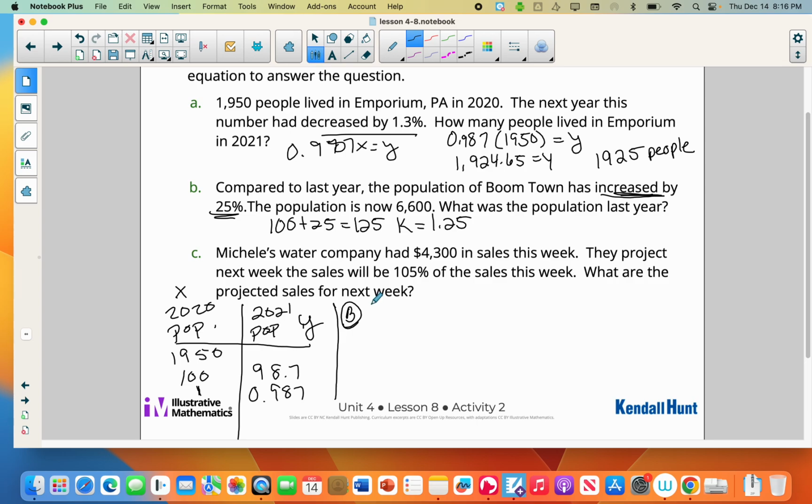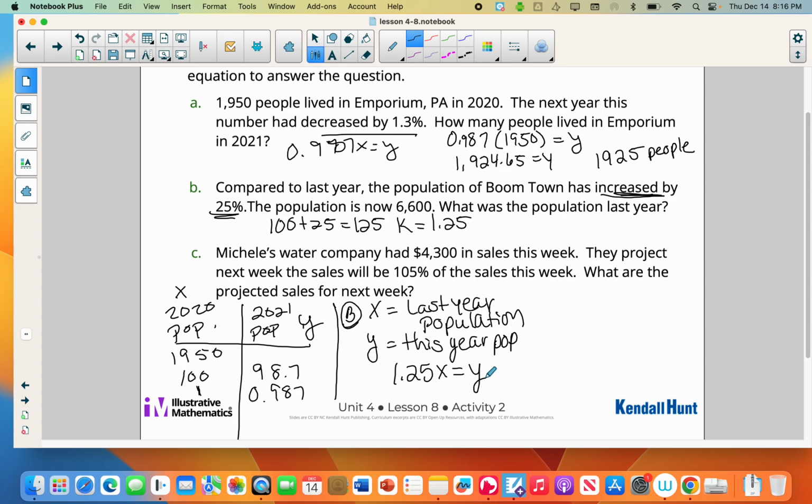All right, so my x is going to equal my last year population. And my y is going to be my this year population, because last year comes before this year. So my equation would be 1.25x equals y.